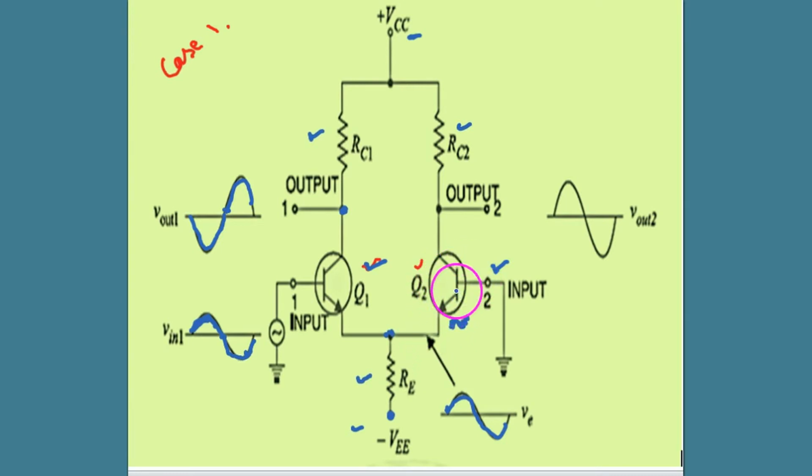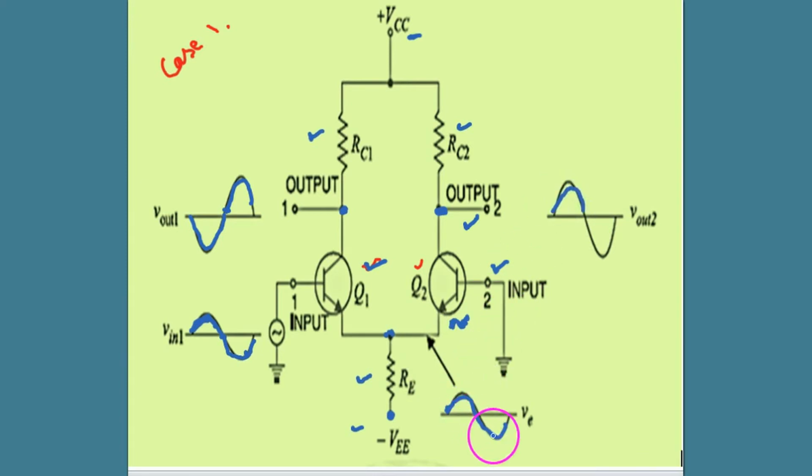Common base configuration gives us the output in phase with the input signal. Output and input remain in phase, but it is also somewhat amplified. So whatever the shape, it has positive going, so this is also positive going.